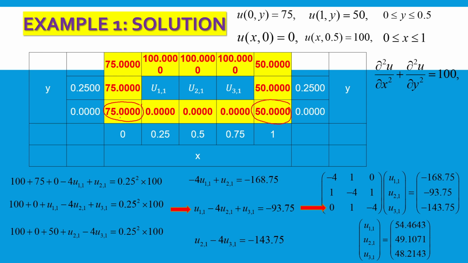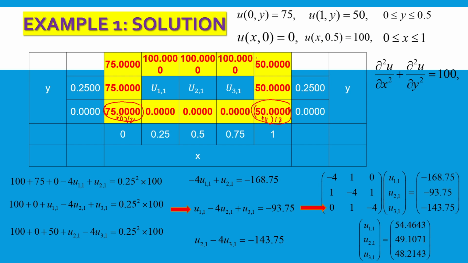So 75 you may add with 0 and then divide by 2. So 50 also, because it contradicts with 0 here. Mean left boundary, right boundary said 50, bottom boundary said 0. So you add up 50 plus 0, divide by 2. After that, x 0.5, mean when y equal to 0.5, u is 100.